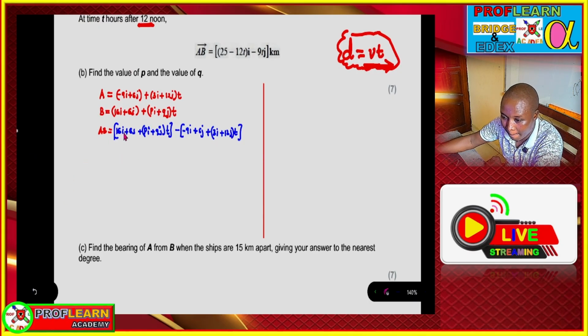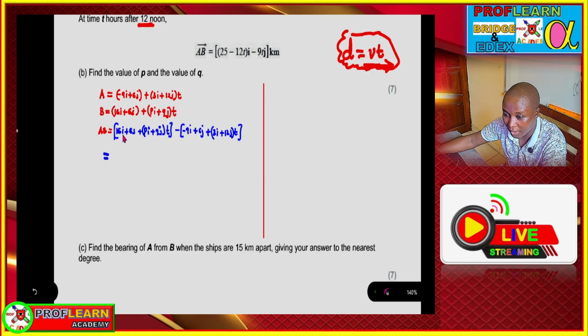Now if I open the brackets here and work out everything, this is going to translate to what?